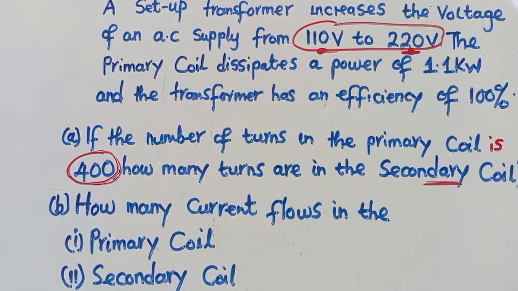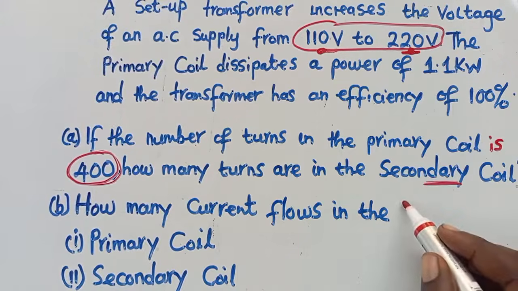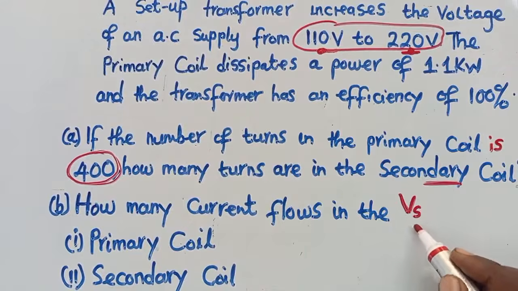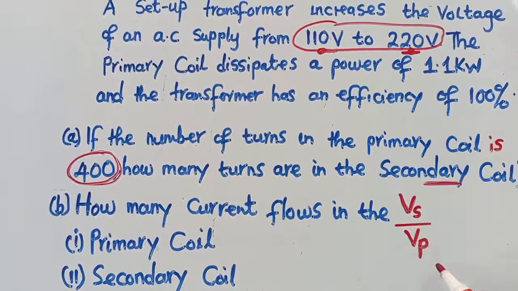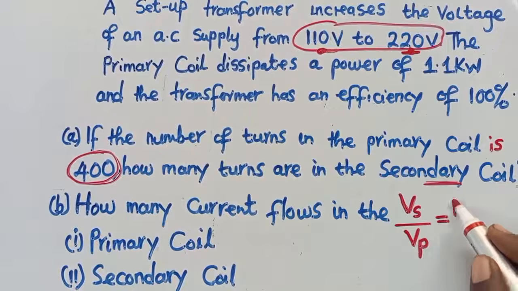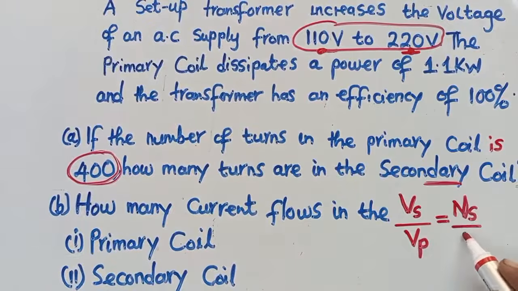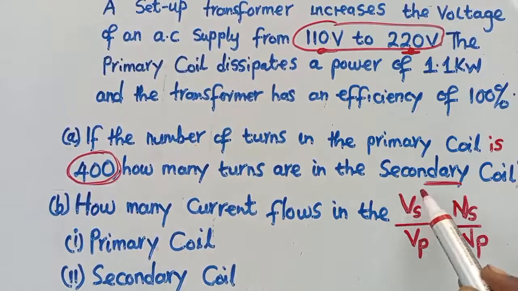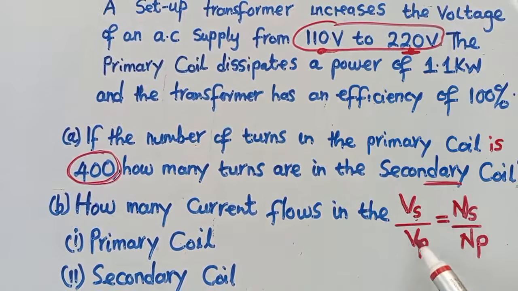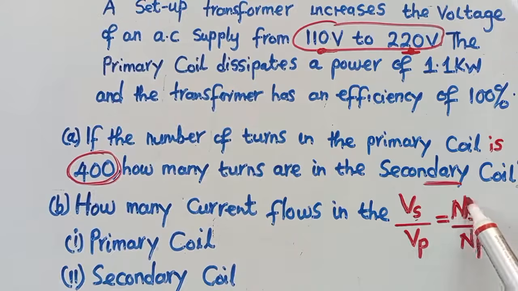So the formula we need to use is: voltage in the secondary over voltage in the primary is equal to the number of turns in the secondary over the number of turns in the primary. This is a particular formula that you need to get.